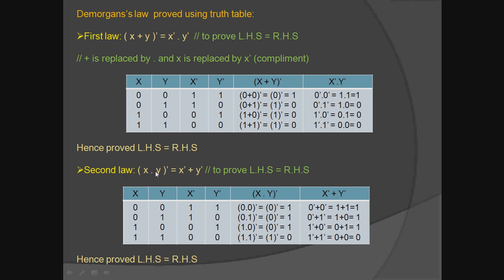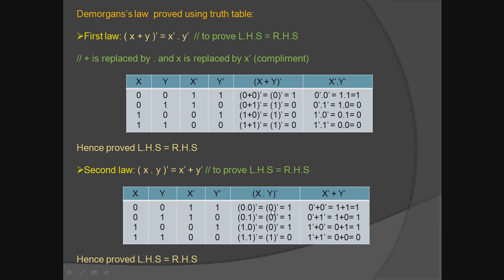Now in the second law we have x and y same, and then x inverted, y inverted is also same. So now we just have to prove the LHS and RHS. Here, x into y, or x and y, so 0 and 0 becomes 0.